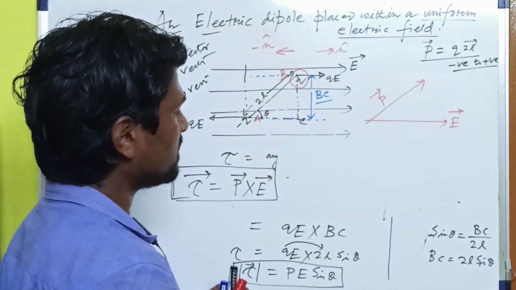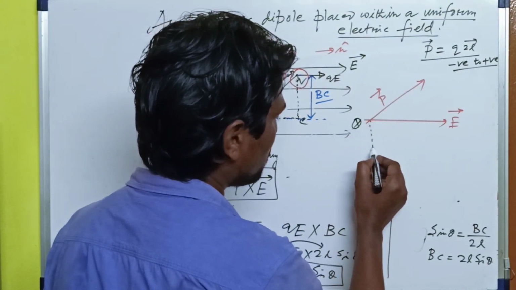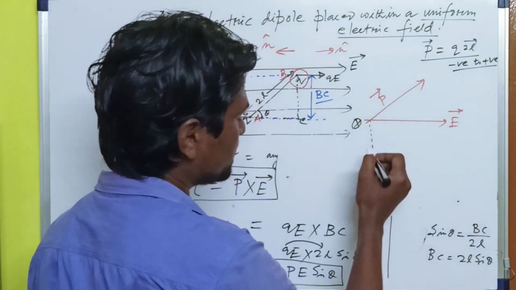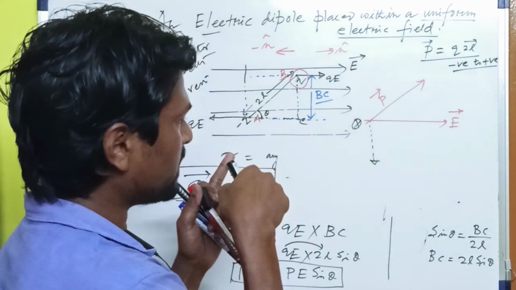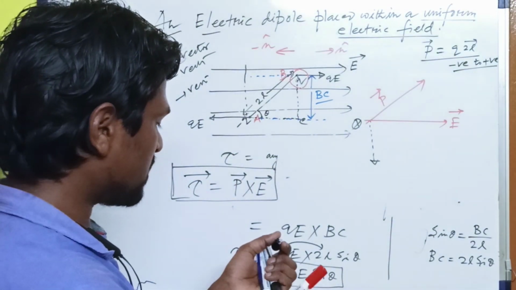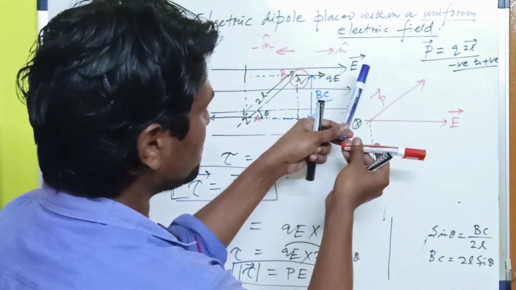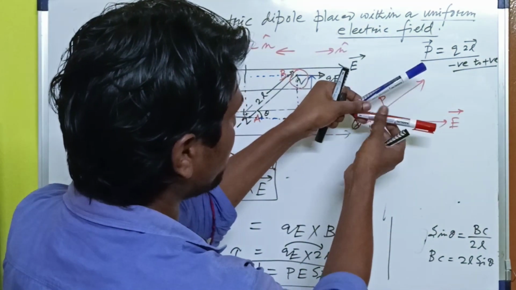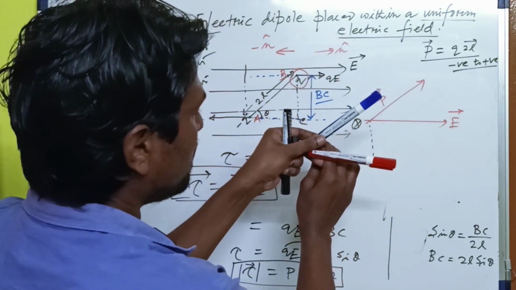So you can say that here it is crossed, meaning into the paper. If we show you with the pen that this is the P vector and this is the E vector, then this will be the torque, cross.